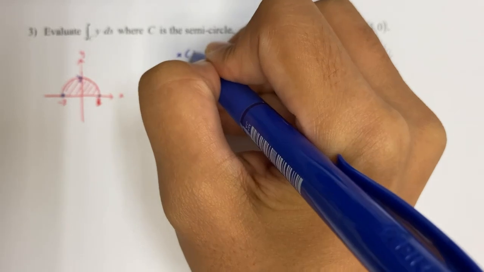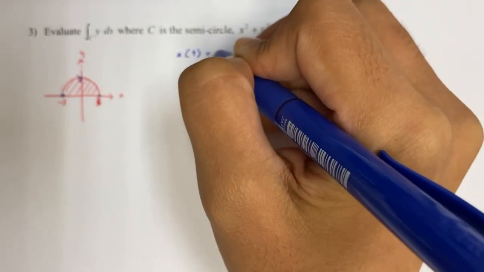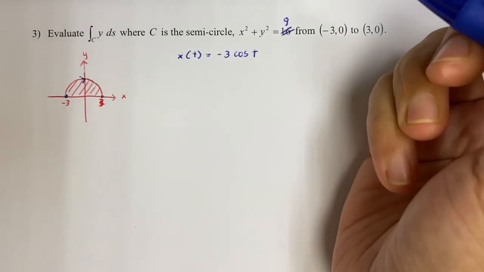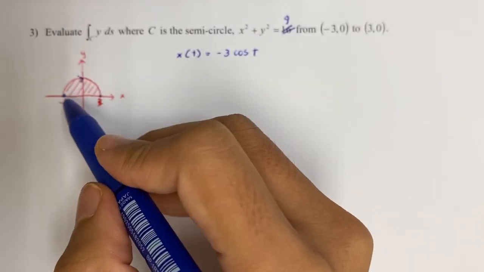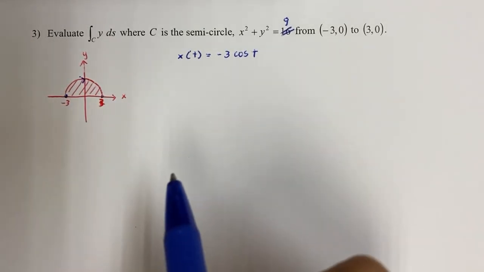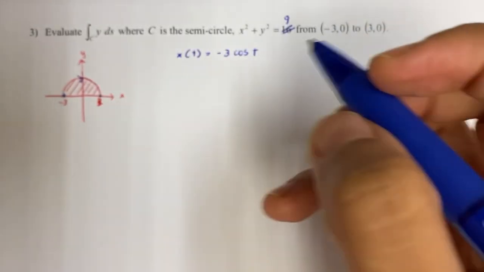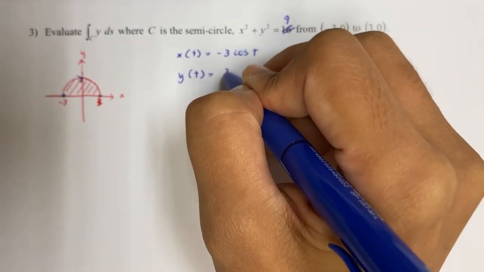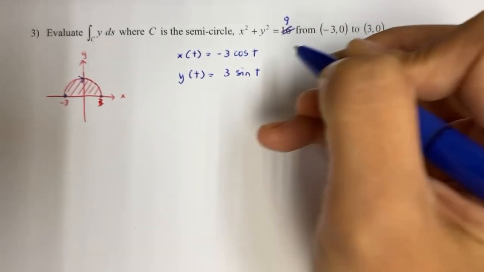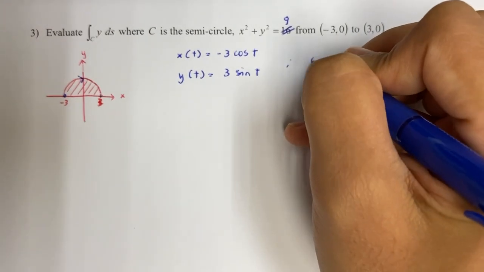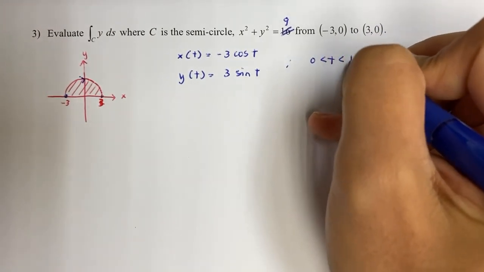My parametric equation for x becomes negative 3 cos t. Why? Because it moved from negative 3 to 3. So the x is minus. And then y(t) is 3 sin t. And my t interval is 0 to pi.